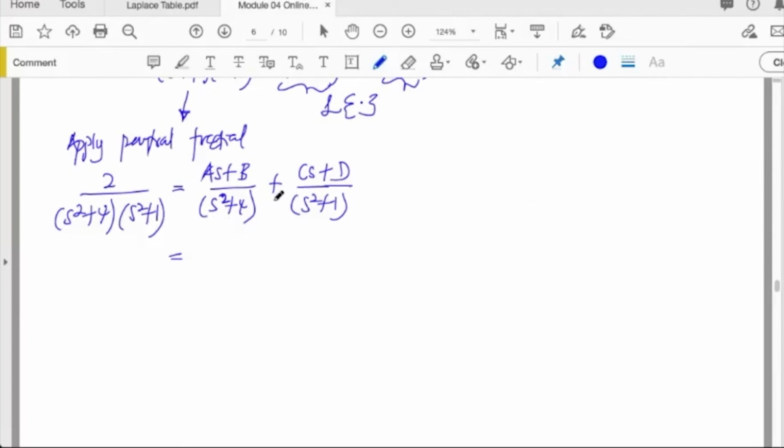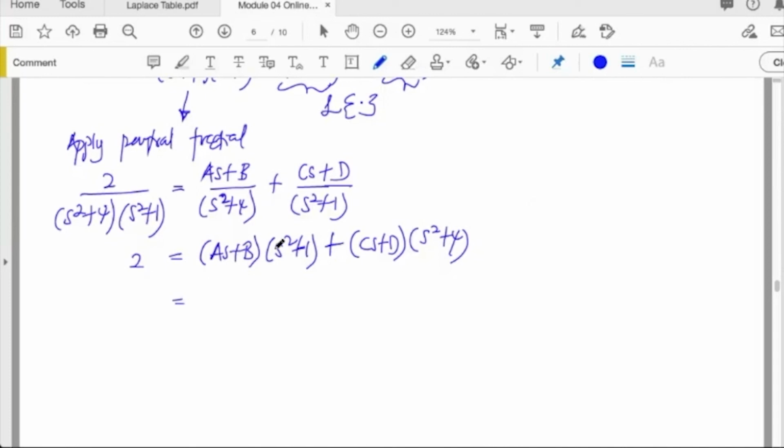Okay, so you need to make the denominators equal. So we take as plus b, we multiply with s squared plus 1. Plus, we take cs plus d, we multiply with s squared plus 4. So the whole equation will be equal to 2.